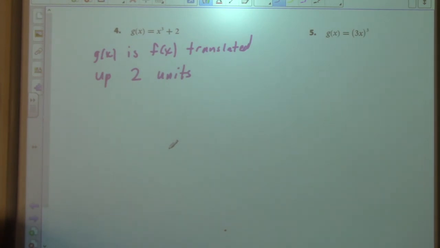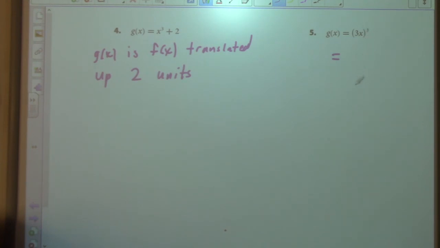Okay, for number 5, before I call in somebody, let's work out these parentheses here. What do you do with this 3x cubed in parentheses? What does that become? It's not a square, it's a cube.